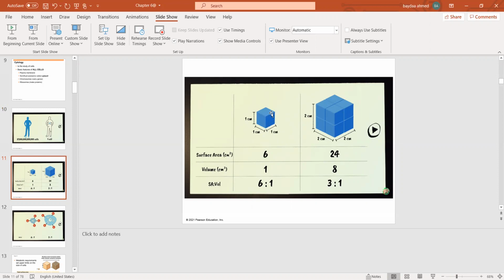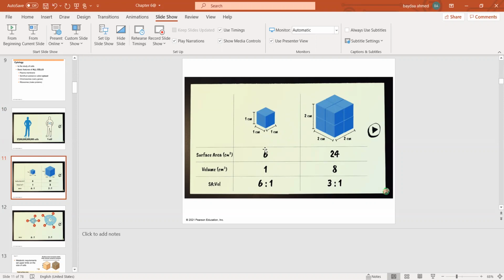Any cube has 6 sides, 6 squares. So the surface area for a cube is height by width by 6. The combination of those 6 squares forms the surface area of the cube.